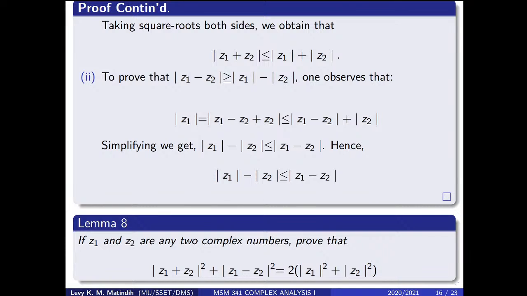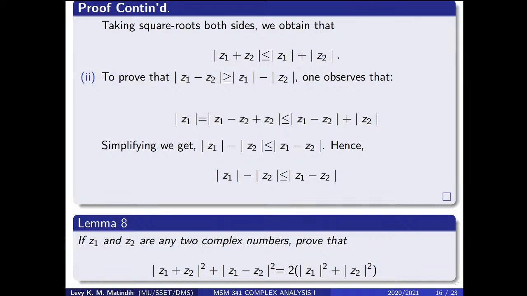In short, to prove that the modulus of the difference of Z1 and Z2 is greater than or equal to the difference of their moduli, you observe that the modulus of Z1 is the same as the modulus of Z1 minus Z2 plus Z2, and there's nothing you've done here, because the negative of Z2 plus Z2 is 0.